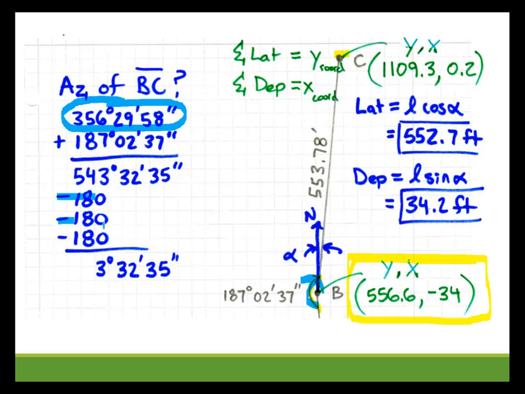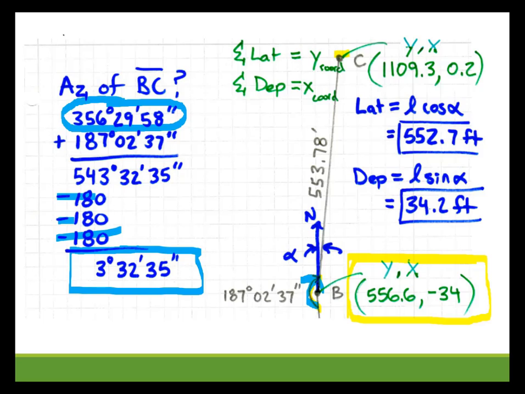I'll proceed to take away 180 a couple times until it gets me to the correct location of my line, which says that the azimuth of the line from B to C is 3 degrees 32 minutes 35 seconds away from north, that azimuth being measured from north.